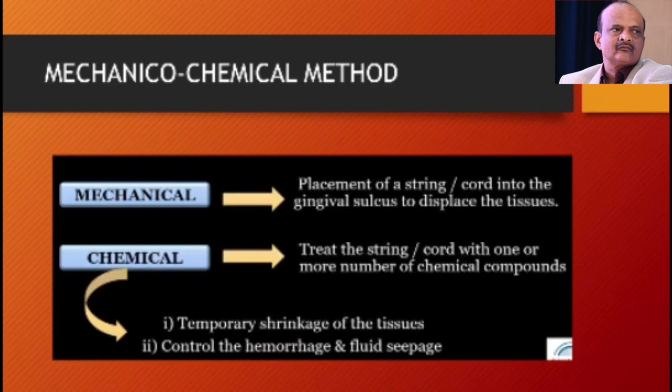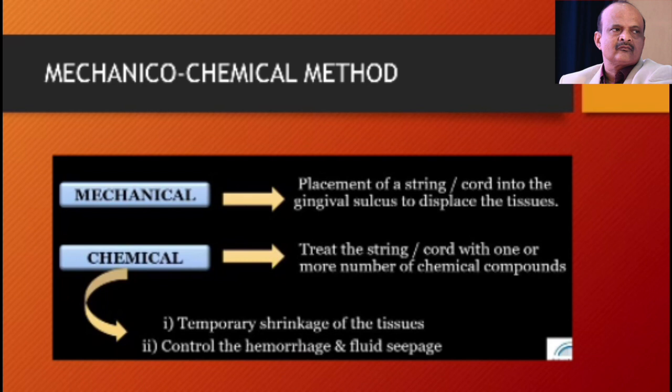Mechanochemical method, this is the second method of retraction, wherein in mechanical we use only the cords or the strings to displace the tissue. In the chemical method, the cords are soaked with a number of chemical compounds, which can cause temporary shrinkage of the tissues, and it also adds to the control of hemorrhage and fluid seepage.